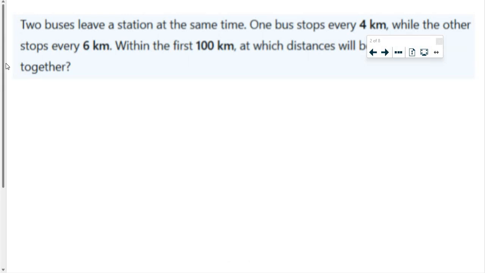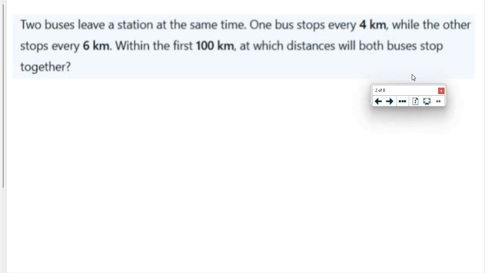Two buses leave a station at the same time.